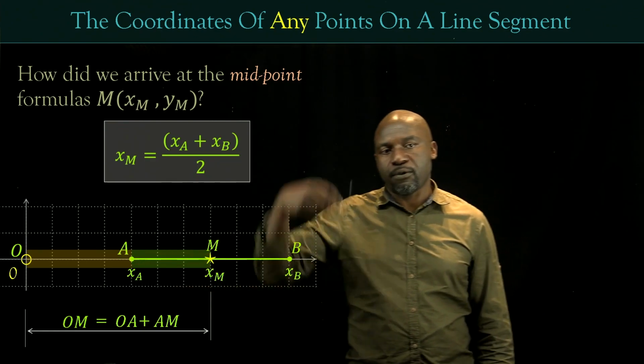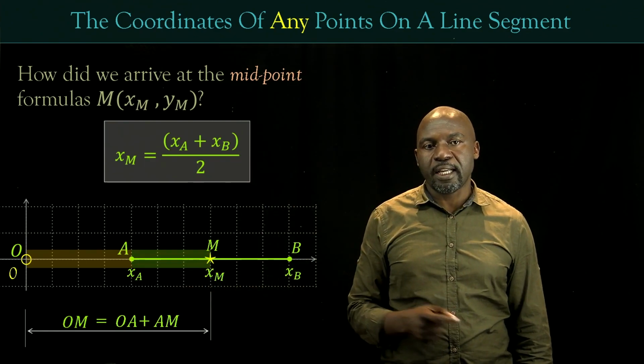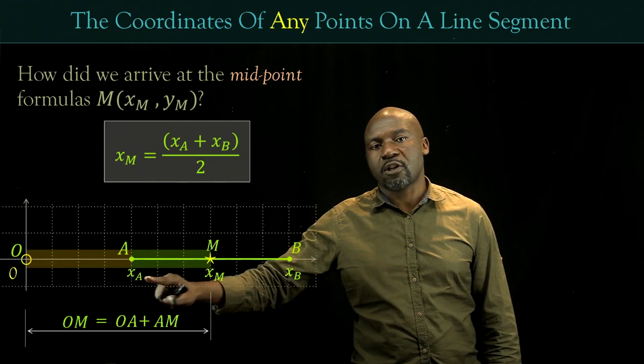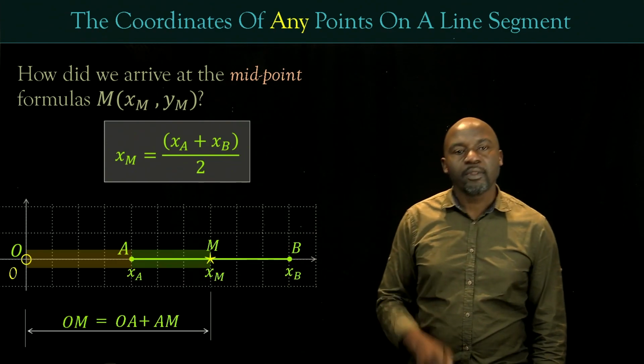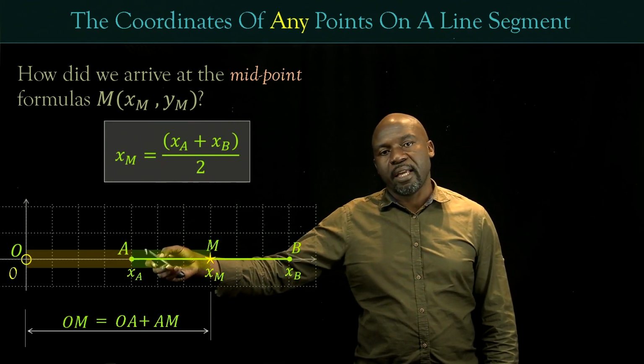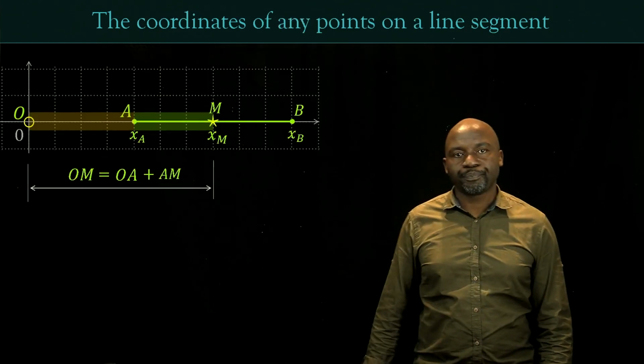And the length AB, from what we did earlier to find the length of a line segment, you take the last point and subtract the initial point. So we are going to find OM by taking OA and adding AM.